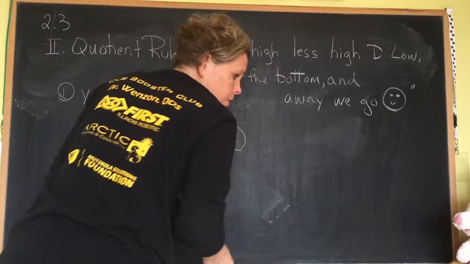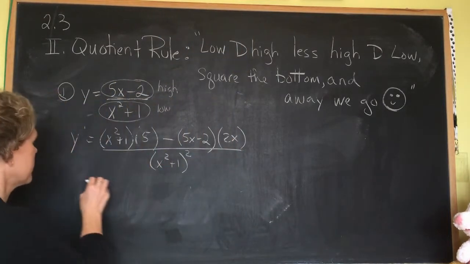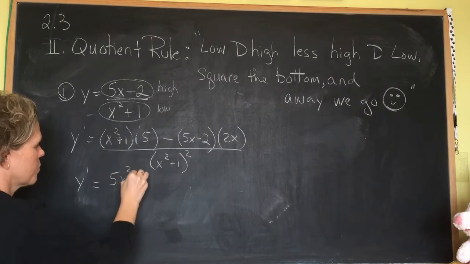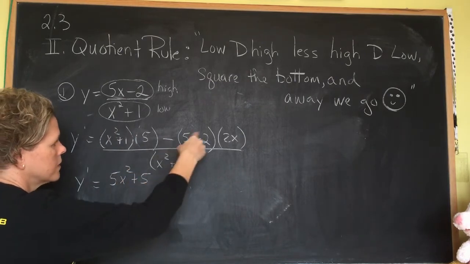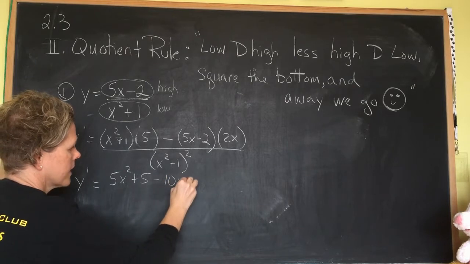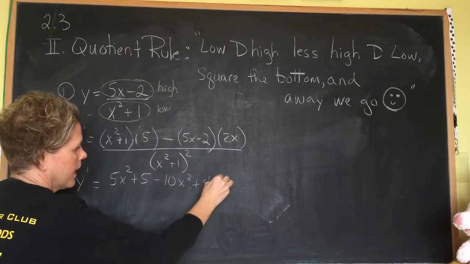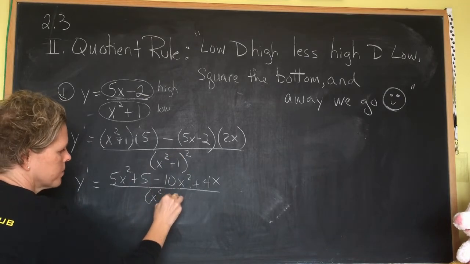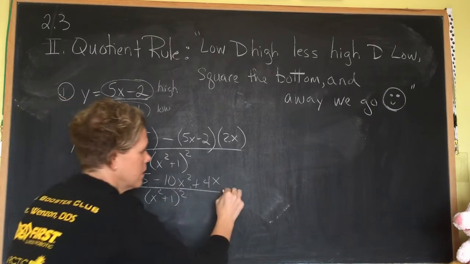Now the fun part, we're just going to clean it on up and be done with it. So if I distribute that, I have 5x squared plus 5. Distribute here, I have a negative 10x squared plus 4x. And I never FOIL out the bottom. I'm just going to leave it x squared plus 1, squared.